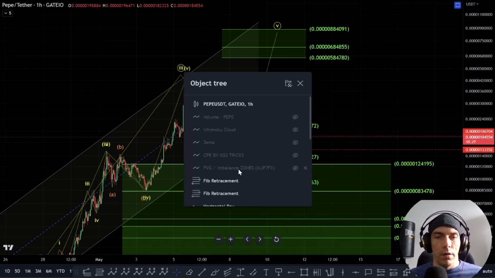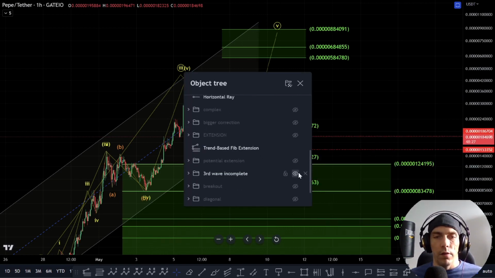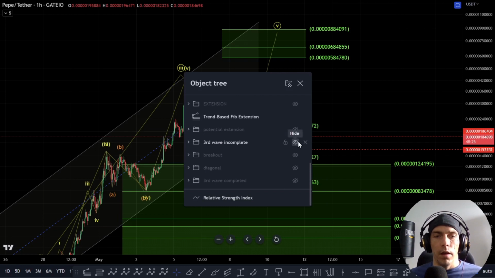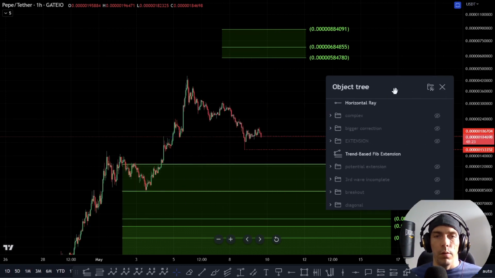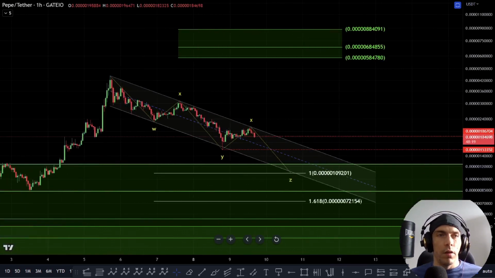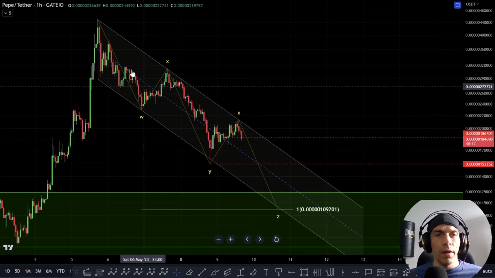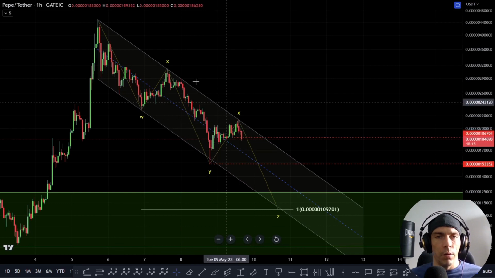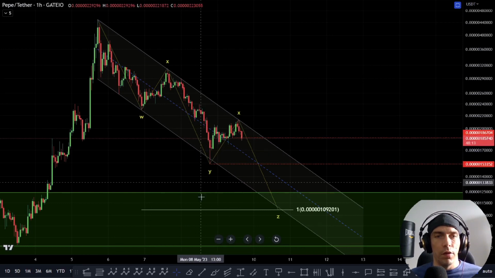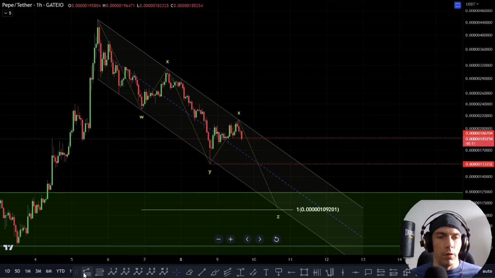Now, if we were going to break down further, there's two ways that I'm currently looking at it, and one of them was the one that we were looking at as basically a bigger ABC. The other was like this. Now, looking at the current structure, it is looking corrective for the most part. There is always potential we could start to get some extension within here.